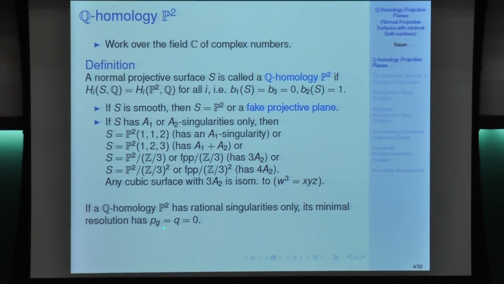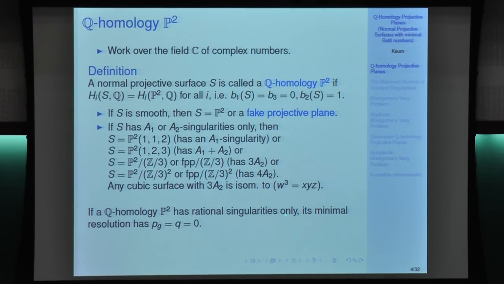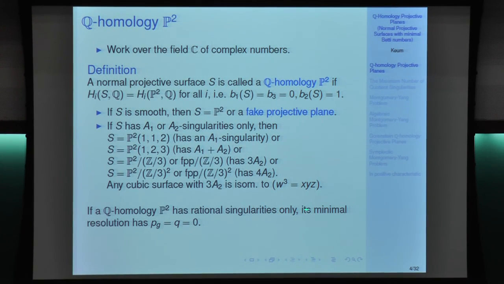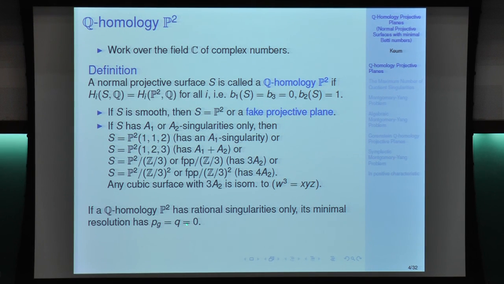And if a Q-homology P2 has rational singularities only, then its minimal resolution has geometric genus and irregularity 0. In this talk, I will restrict myself to the case with only quotient singularities. So now S has at worst quotient singularities.